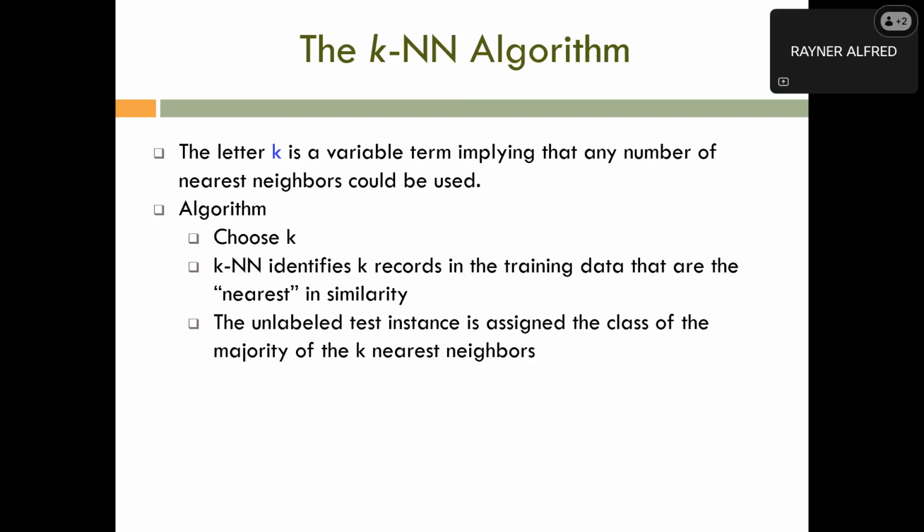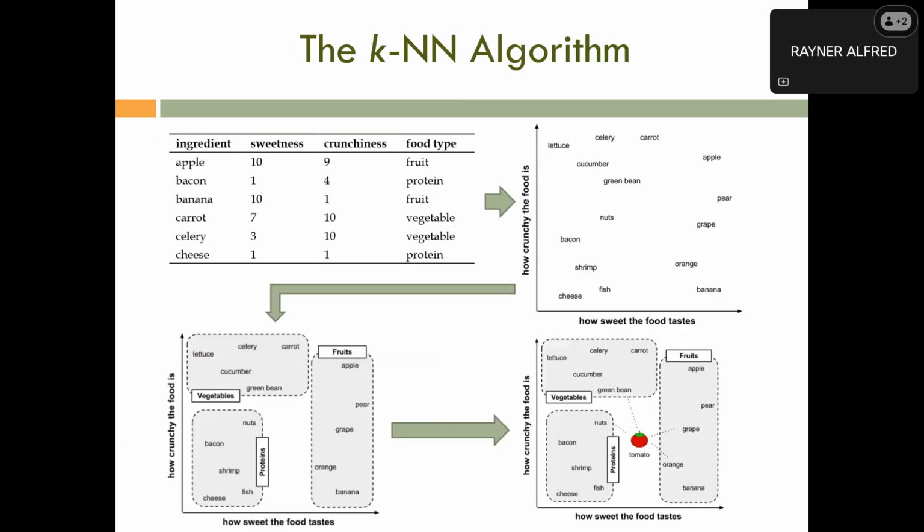For example, if we have all these ingredients here, and we have this sweetness and this crunchiness, so this is the second feature, and this is the label that we have.